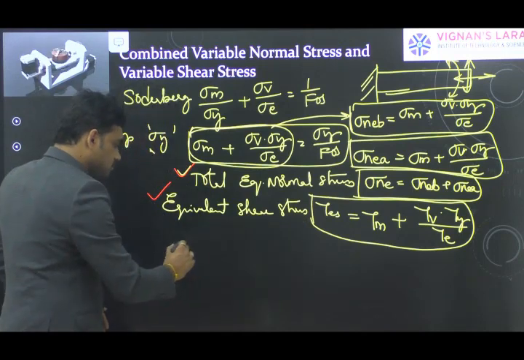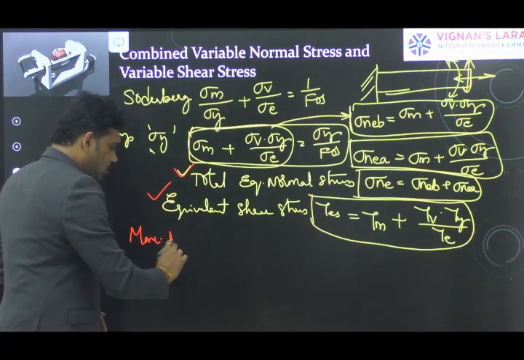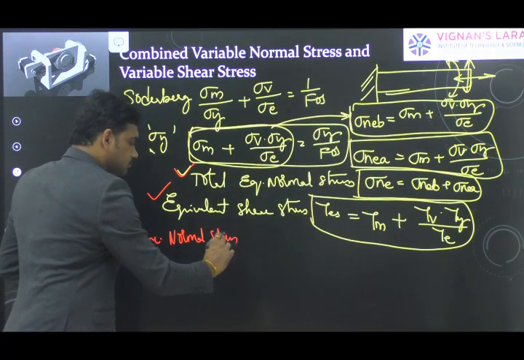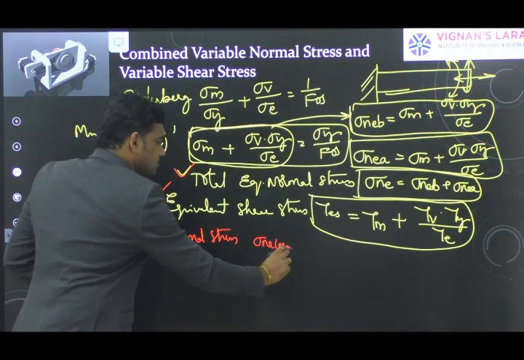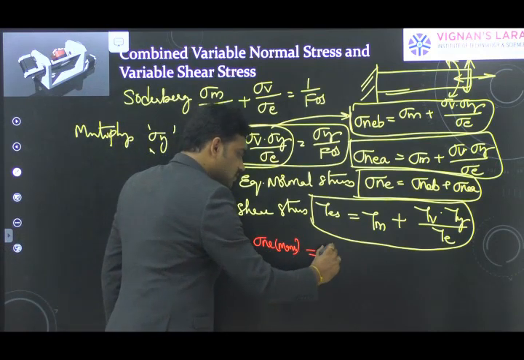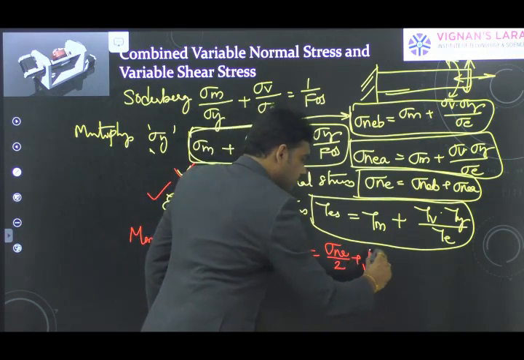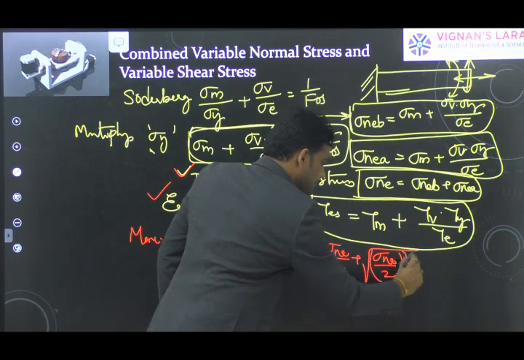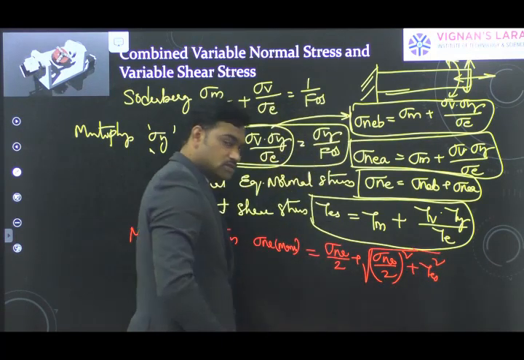So here the maximum normal stress is given by sigma NE max. We know how to find the maximum stresses. Sigma NE max is equal to sigma NE by 2 plus root of sigma NE by 2 whole square plus tau ES square.